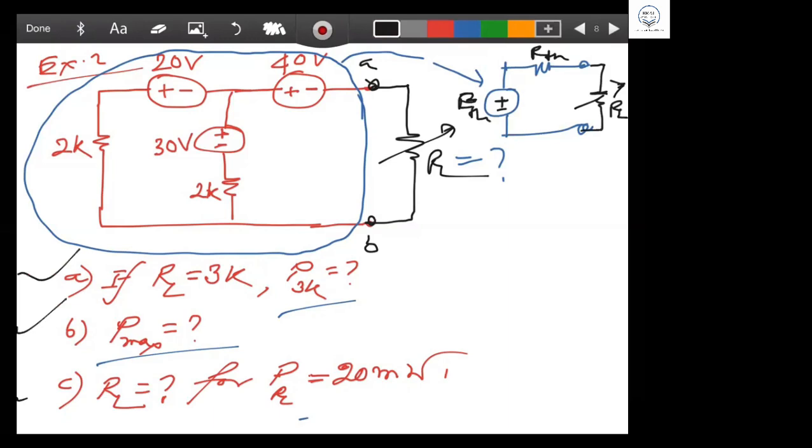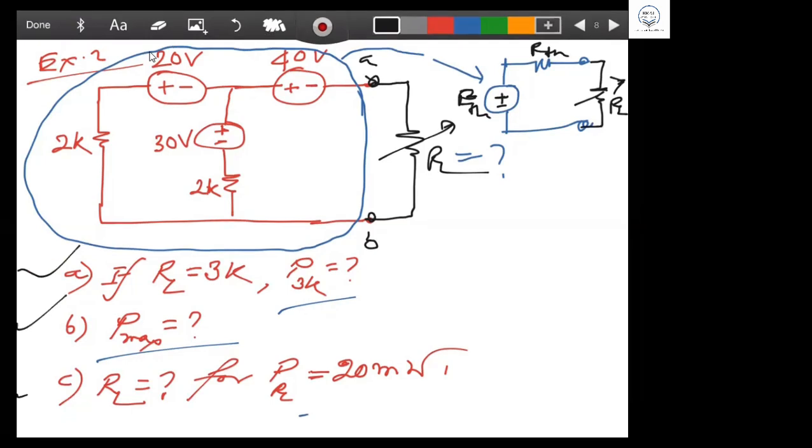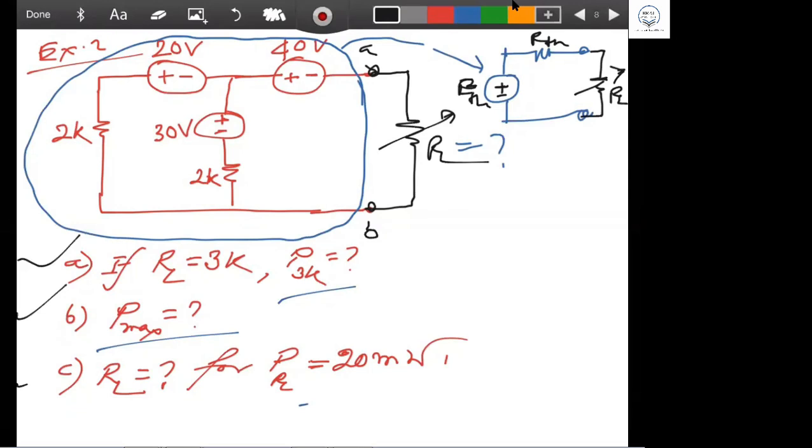Understand? Okay, can any one of you tell me what the R Thevenin will be? Because this is the first job and everybody should know how to do it. R Thevenin is very straightforward. You remember the Thevenin equivalent: you look into RAB, you take the load off, and all the sources should be deactivated. What is the resistance?